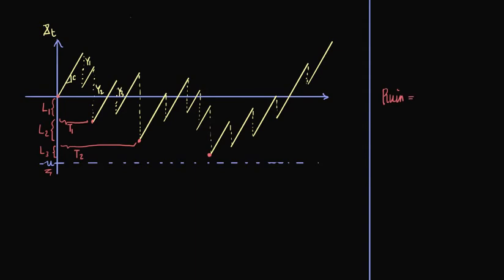So ruin happens if and only if the sum of ladder heights in total exceeds U in size. And when I say the sum of ladder heights, we need a variable to denote the number of ladder heights we observe, and that is K. So this is the number of observed ladder heights.